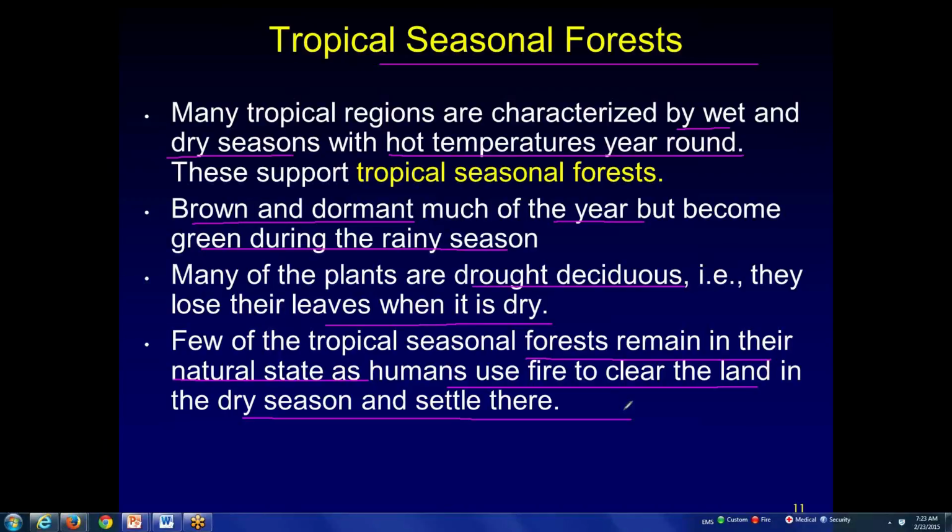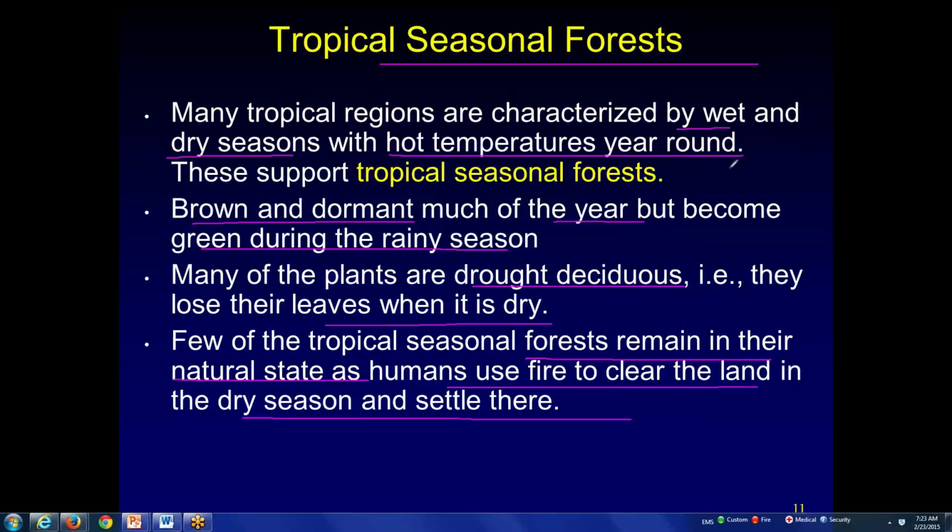Another reason is we have much fewer diseases in tropical seasonal forests. We don't have as much bacterial, fungal, and protistan diversity, and so you don't see quite as many disease-causing organisms in this area. Fewer mosquitoes, fewer cases of malaria. So overall, this is a healthier place to live as well.